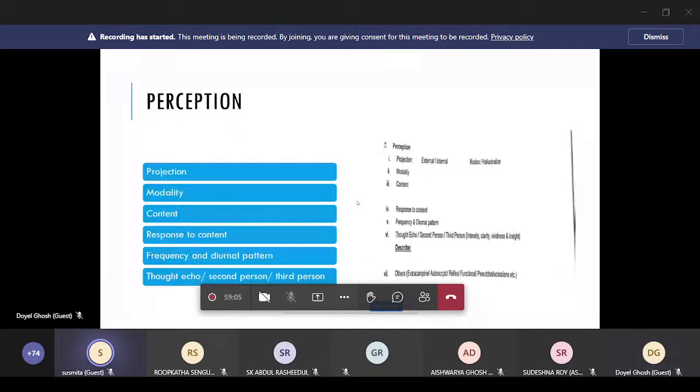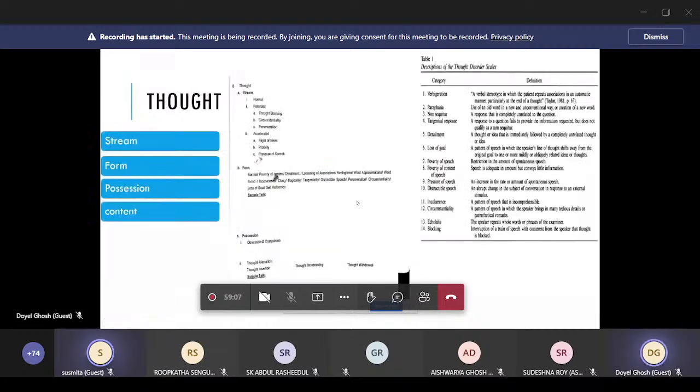And thought content, okay, I missed it here. In thought content, there may be preoccupation and delusions. Under preoccupation, you will see that there may be somatic preoccupation, sexual preoccupation, religious preoccupation, preoccupation with the precipitating factor.